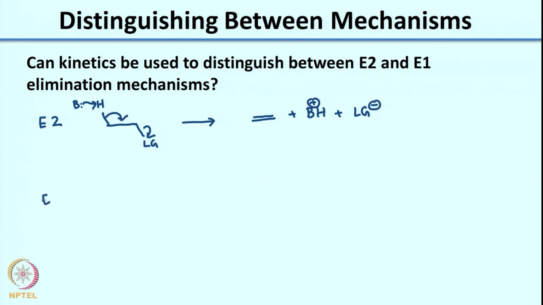Whereas in an E1 mechanism, in the first step you would have formation of a carbocation, and then in the next step you have the base abstracting the proton to give you your double bond.